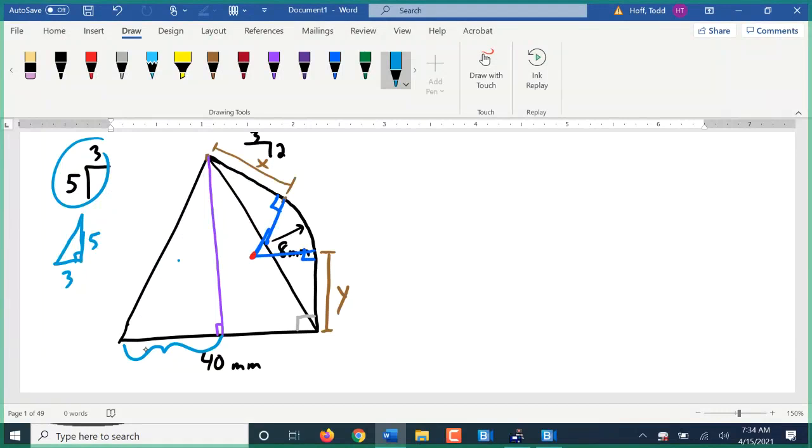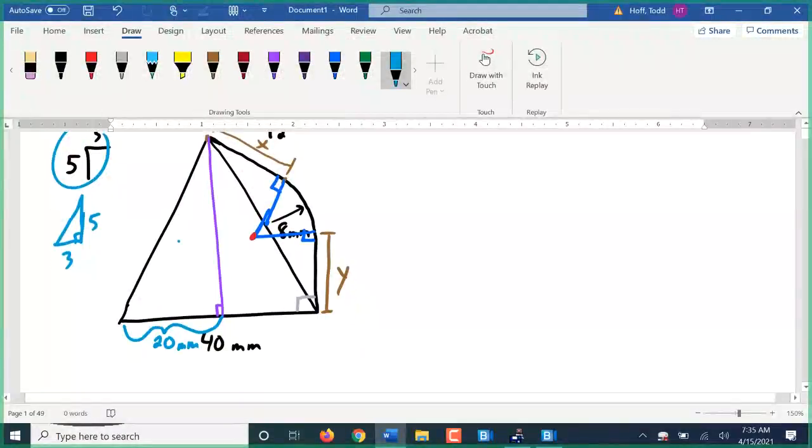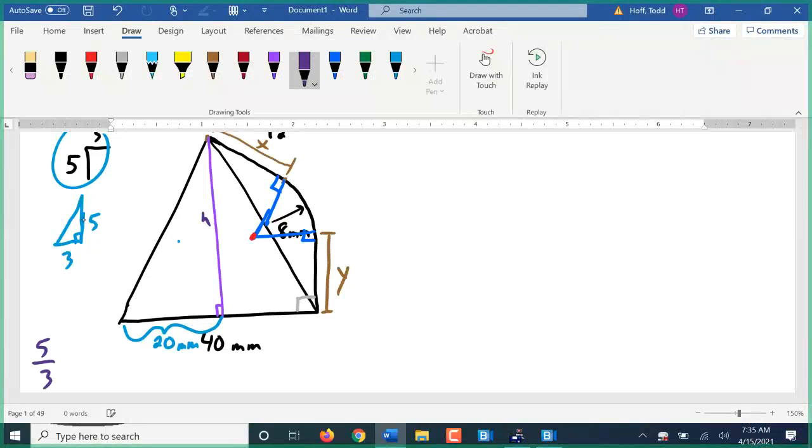We can cut that 40 in half to give this piece is 20 millimeters. So then we can find, if I call this H here, 5 over 3, vertical over horizontal, has to equal vertical over horizontal. Well, the vertical there is the H, the horizontal is the 20. So to find H, we cross multiply and divide. 5 times 20 divided by 3 gives us H is 33 and a third, or 33.33.